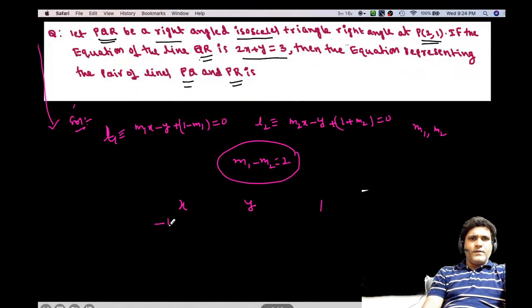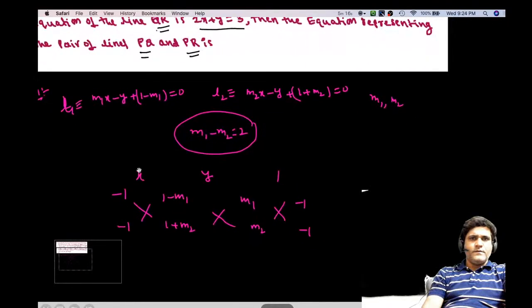Start from here: minus 1, 1 minus m1, m1 minus 1, next minus 1, 1 plus m2, m2 minus 1, 1 plus m2, m2 minus 1. So by this method you find the point of intersection of the lines.